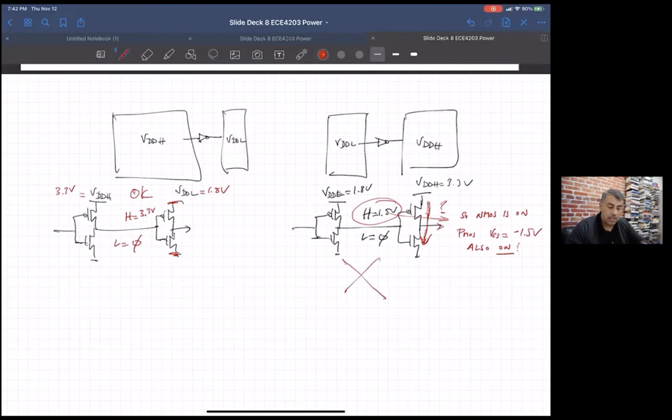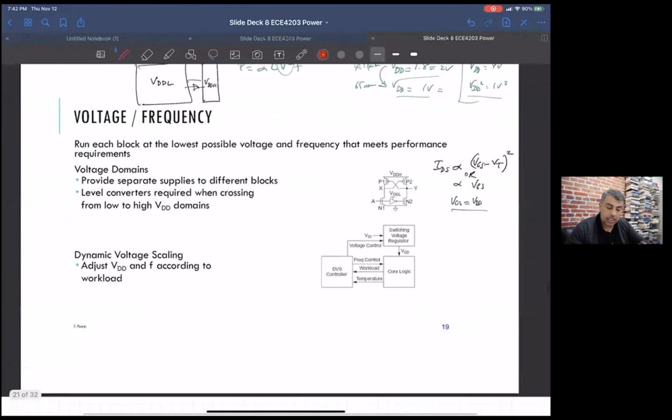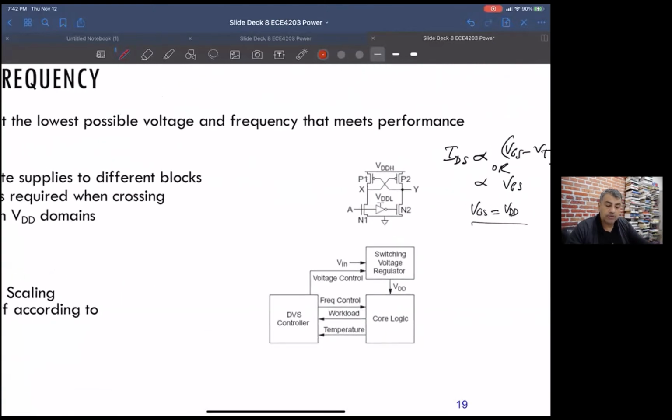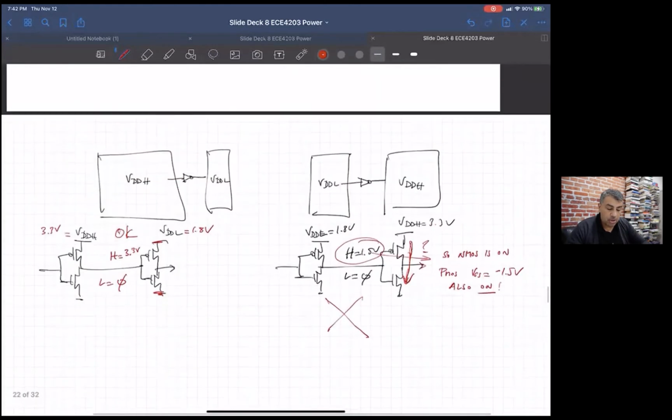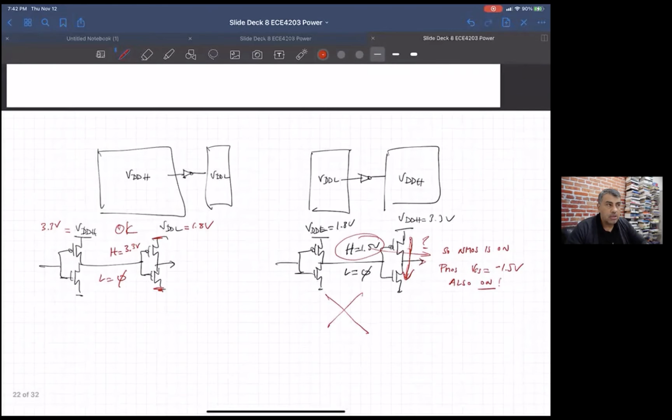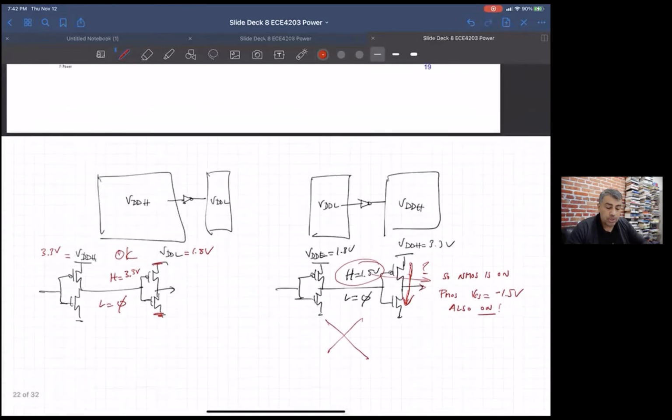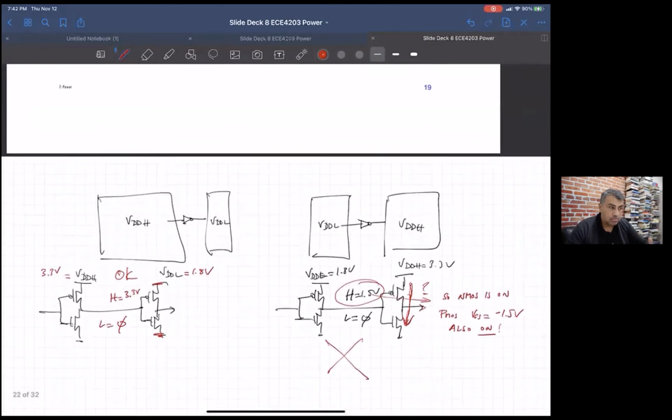Don't do that. What you have to do is make special level shifter circuits when you're going from VDD low to VDD high. I'm not going to go into this, but it's a little bit trickier to design. But again, this is another one of those areas where people really get burned, because usually it's not just one signal that you're dealing with.